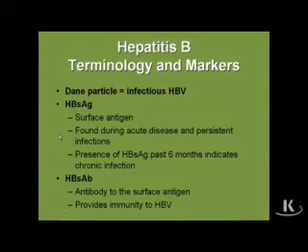So hepatitis B surface antigen can be found during acute disease, but here's the big point that you're going to have to look for. Your main determinant of whether or not somebody has a chronic infection is whether they have hepatitis B surface antigen past 6 months of the infection.